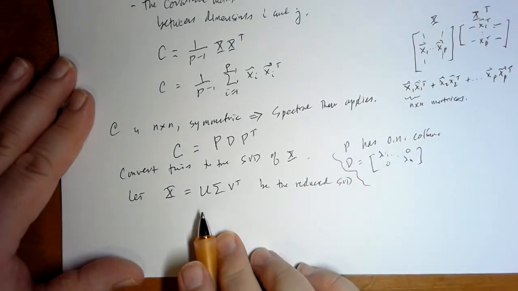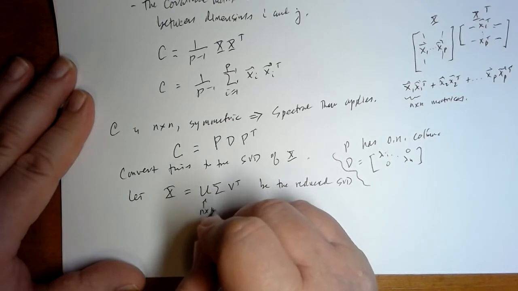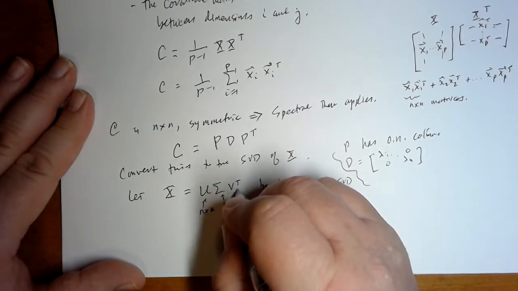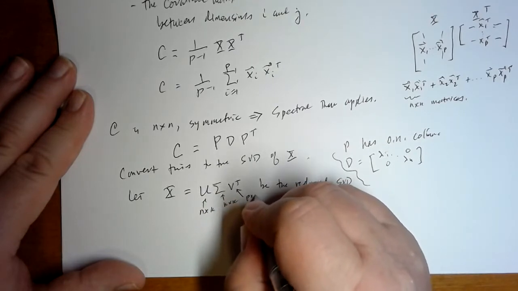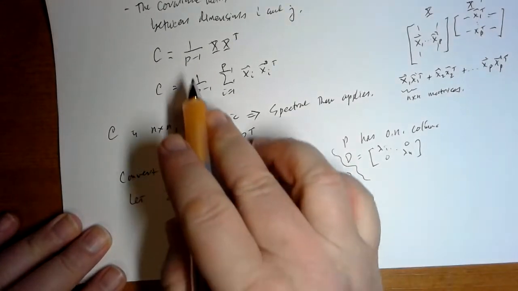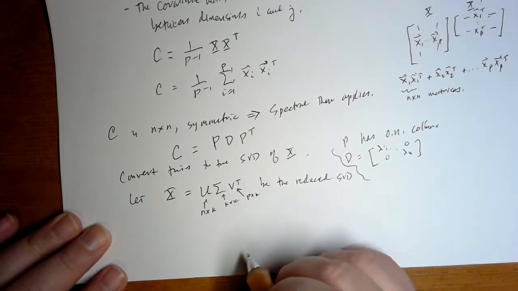So therefore, what are the sizes of things? U is n by k, sigma is k by k, and V itself is going to be p by k. And so what will C look like in terms of U, sigma, and V transpose?